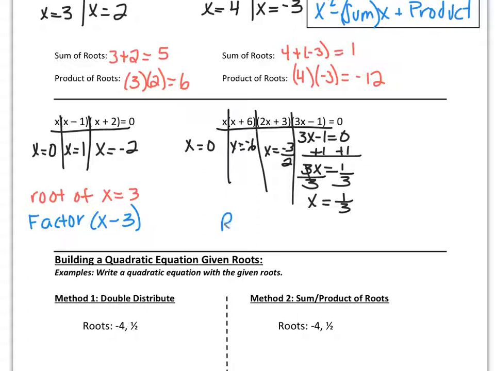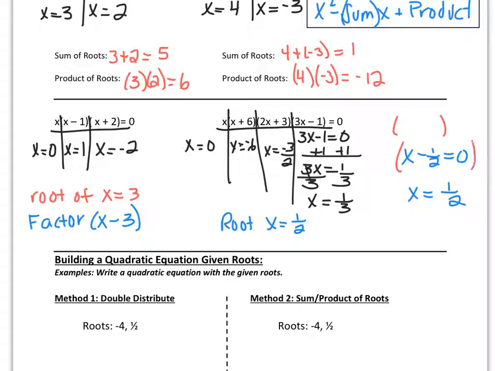So the hard part is creating the factors given the root. So say I have a root of x equals 1/2, how would I find its factor? The way that I want to do this is work backwards. If x is equal to 1/2, that could come from x minus 1/2 equals 0. And we can't put that inside the parenthesis for a factor.